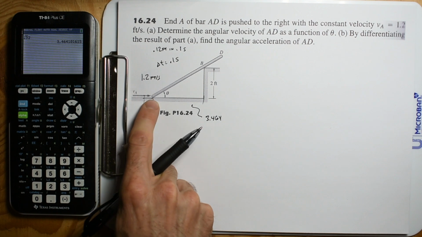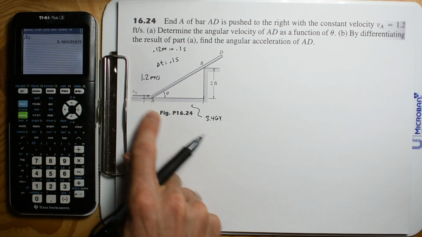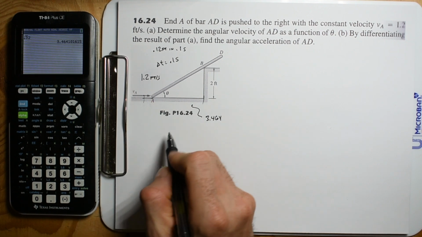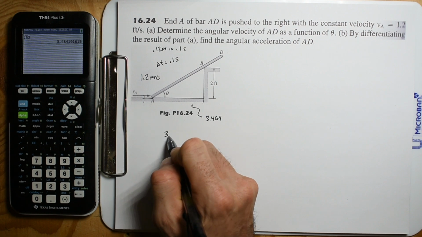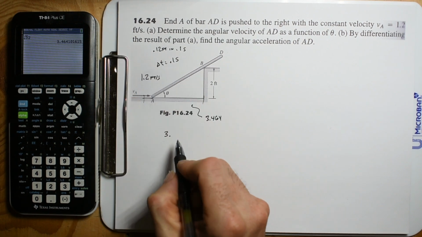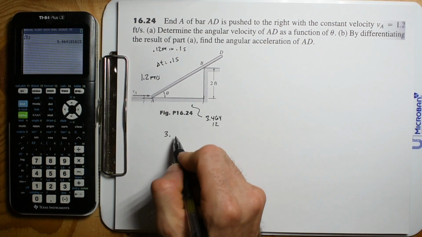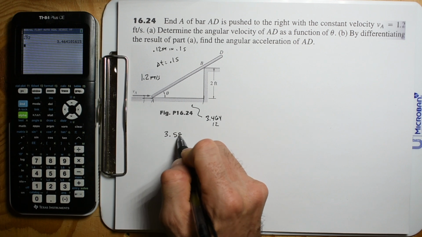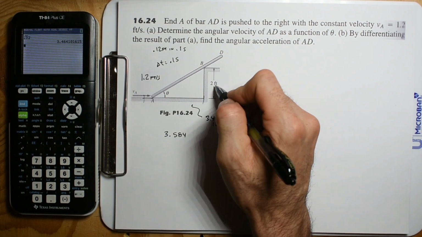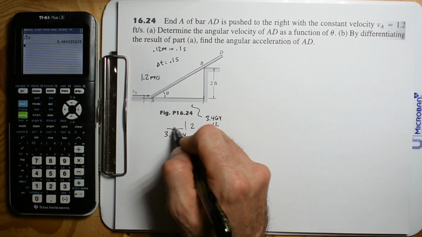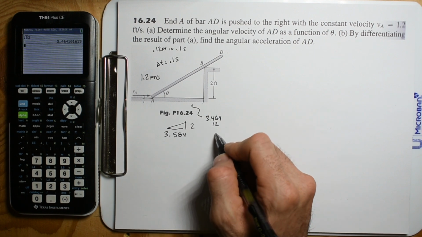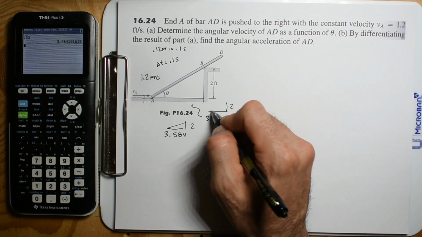Sweet. So if I take the thing backwards, I'm going to be adding, so it's going to be 3.464 and we're adding 0.12, so it's going to be 3.584. And then this would still be 2. That would be the ratio of that triangle. And then we have this triangle at 2.